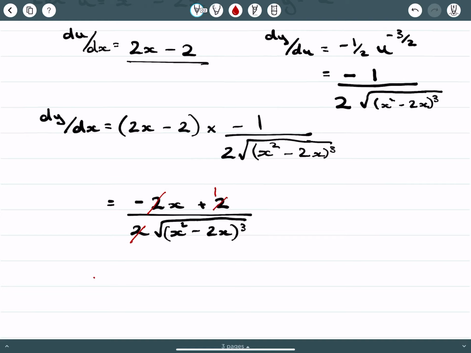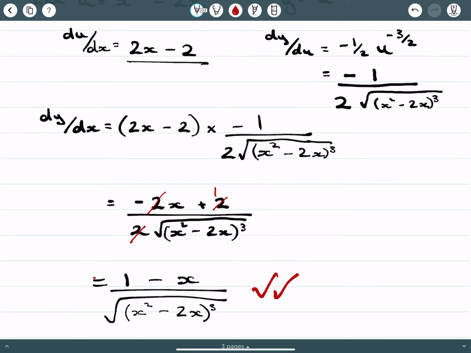That'll be 1. And what I might do is try to write the expression so that it looks a little bit more elegant. And I'm pretty happy with that as a simplified form, and I would say that that's correct.